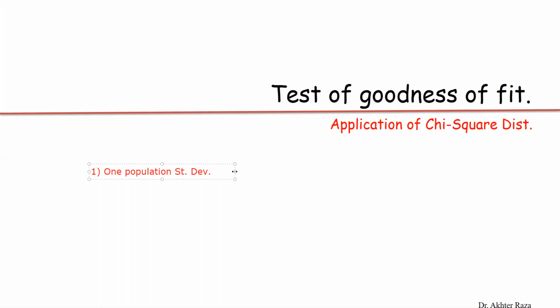Another use of chi-square distribution described in these lectures was the test of independence of two qualitative factors. The third use of chi-square distribution is the test of goodness of fit.